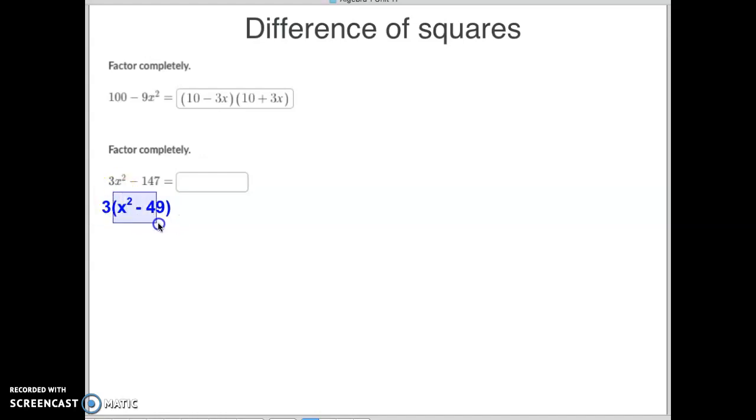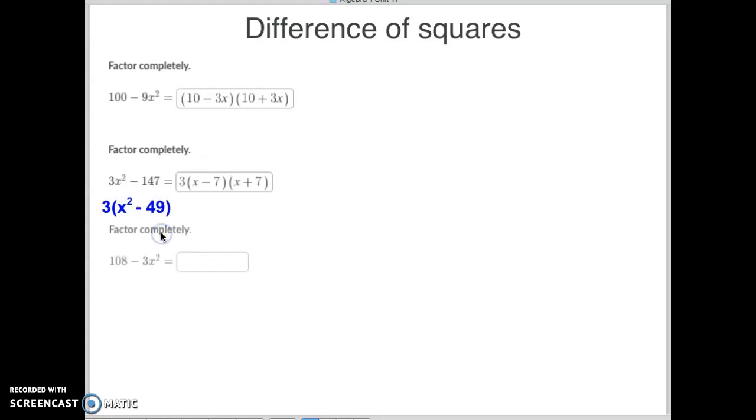And then we can just factor this inside part. The square root of x squared is x, so x times x would be a positive x squared, and 7 times negative 7 would be our negative 49. So this one would factor into 3 parenthesis x minus 7, x plus 7. So if these are not perfect squares, look to factor it this way first.